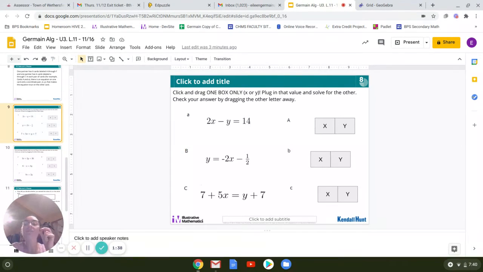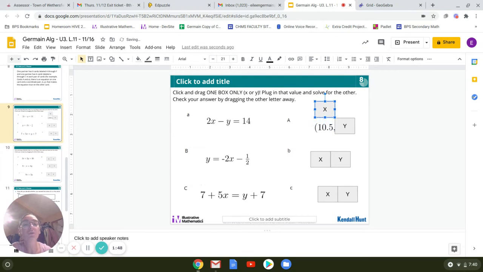Since I'm showing you how to do this, for the first one, every single person, I want you to move the X box off. That's going to give you the X value that you're going to plug in. Once you move that X value box, you need to take that X value and plug it into equation A, and solve it.